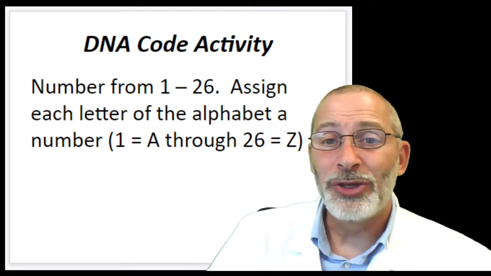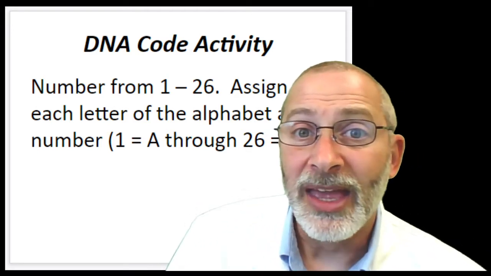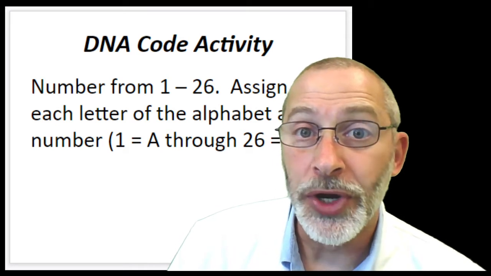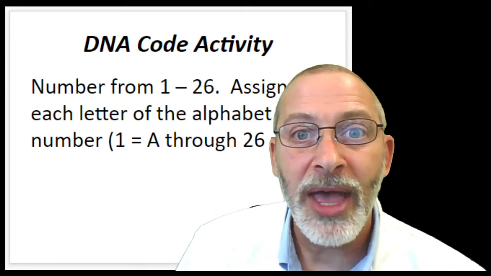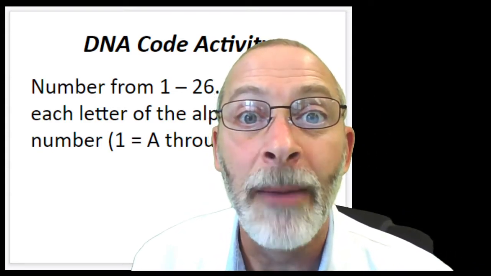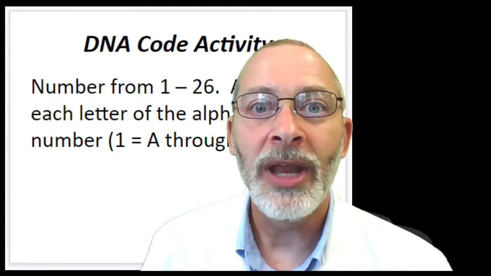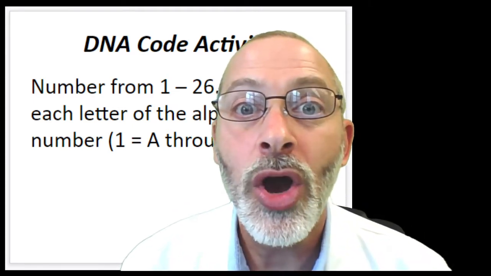All right, by now you should all have a list that is a secret decoder. Each of the letters of the alphabet is being represented by a different number. In a moment, I am going to show you a secret code.